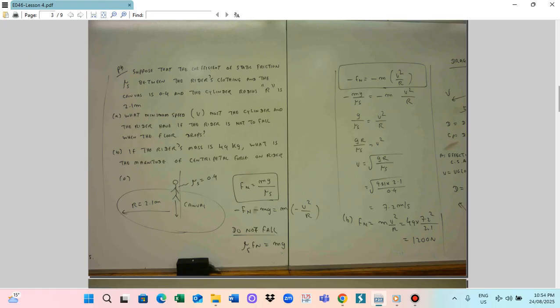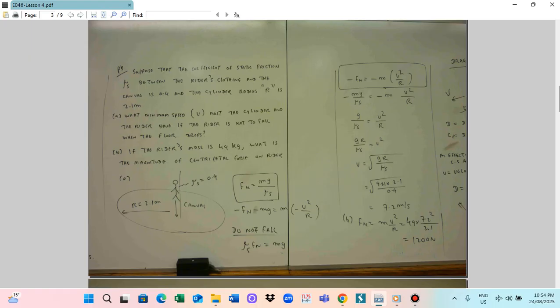Another thing: do not fall out means mu s times Fn is equal to mg. This is for the do not fall out condition. So we write down the equation Fn is equal to m v squared by r. In this case, Fn we can substitute as mg over mu s.